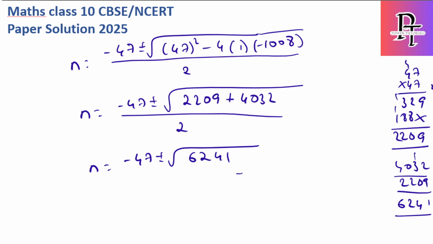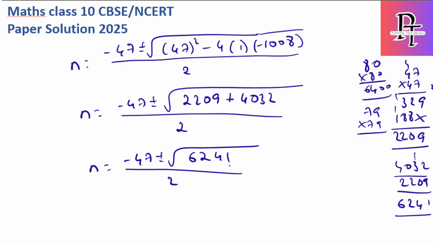Sorry, 6241, by 2. So this is a very big number, but still if you see properly, somewhere it is closer to 6400. Okay, so that is 80 square. Let's take one smaller. Let's start from 79. Definitely it will be the right answer, because only 9 square will get the last number as 1.